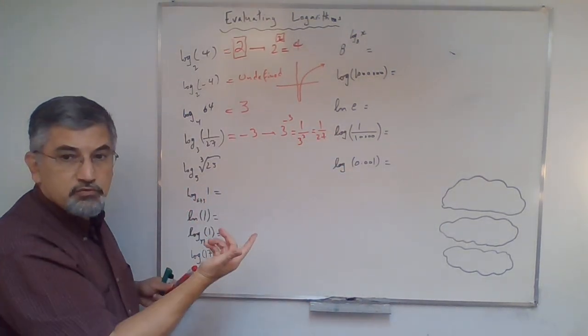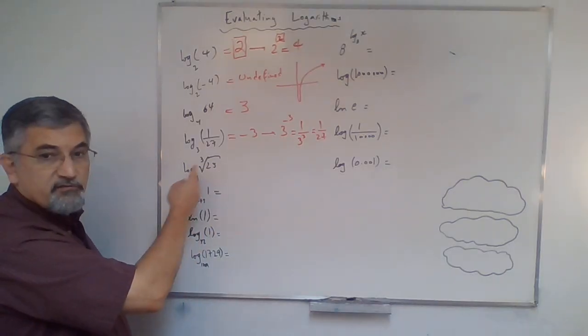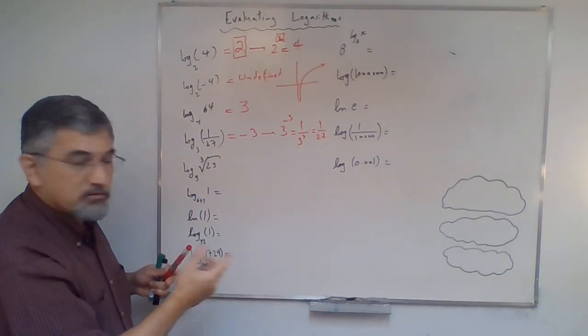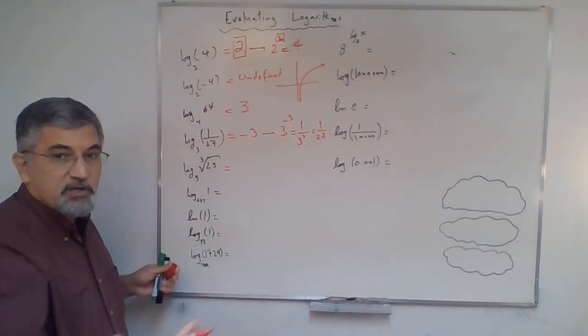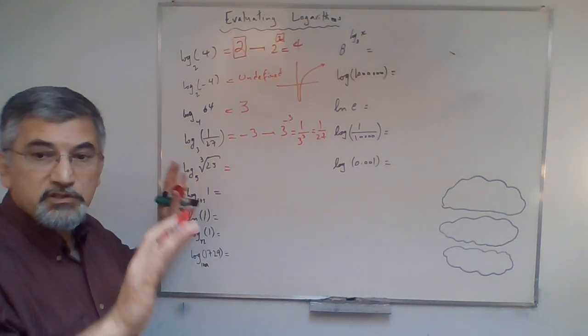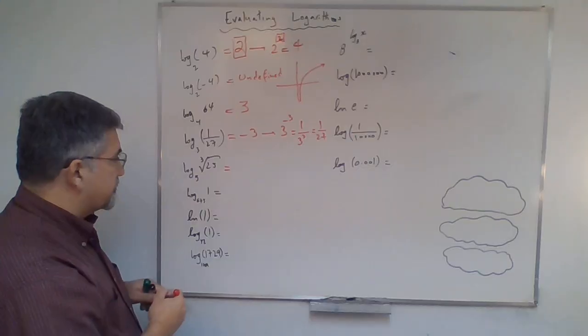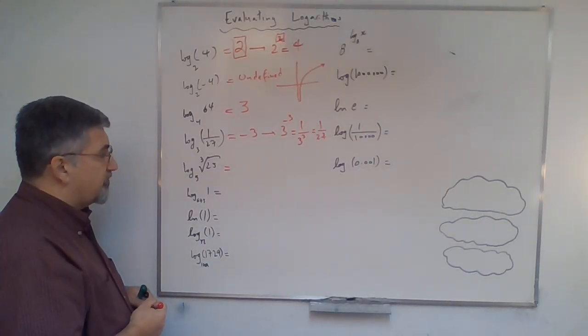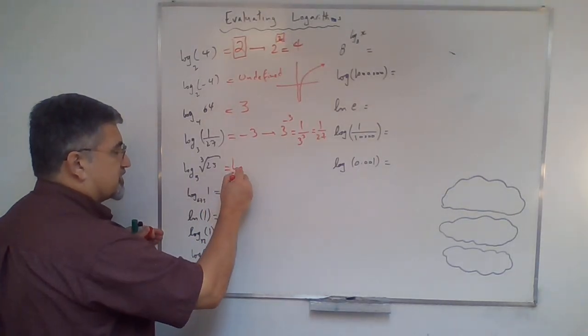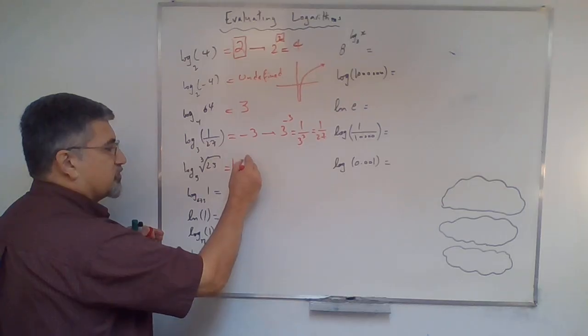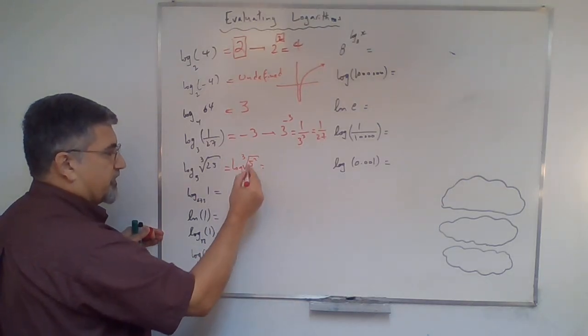This one is a cube root of 25. Log of cube root of 25 base 5 is equal to what? And I don't know if you know this or not, I'm not even using a calculator. I don't need a calculator. So this one, I'm going to say this is basically log of cube root of 5 squared when you think about it, okay?